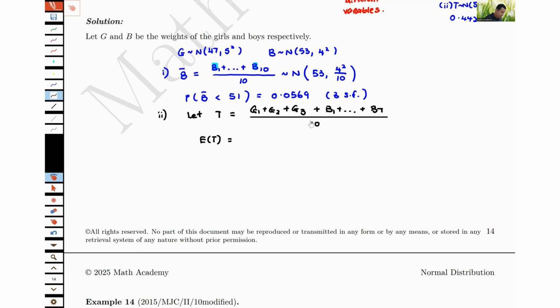When you see a division, you should treat it as a coefficient outside. Just think of it as you're multiplying 1 over 10. So you've got 3 different G's and 7 different boys. Variance, similar.